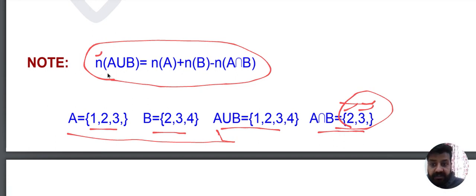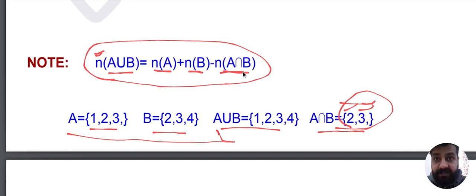The number of elements in A union B will be equal to the number of elements in set A plus the number of elements in set B minus the number of elements in A intersection B. Once again, A union B is also a set, so the number of elements in A union B will be equal to the sum of the number of elements in set A and set B minus the number of elements in set A intersection B.